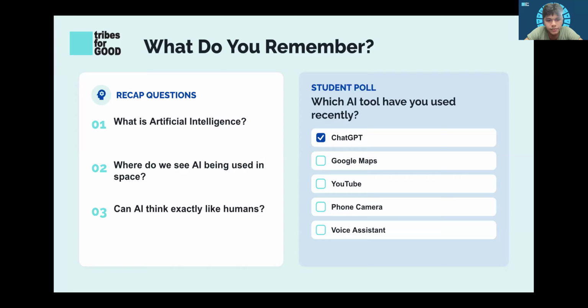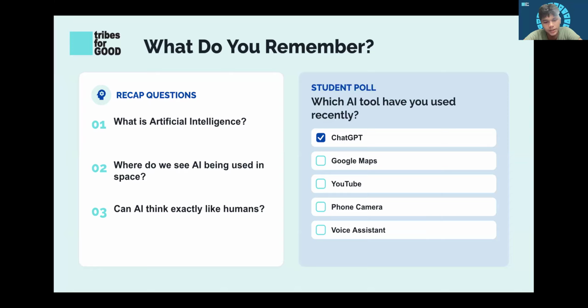Then second is, where do we see AI being used in space? I'll tell. AI used in space is basically when you send a few rovers to some missions, maybe to Mars, or there are rocket propulsions, the route of the rocket. So the decisions are made by AI. The path is selected by AI.